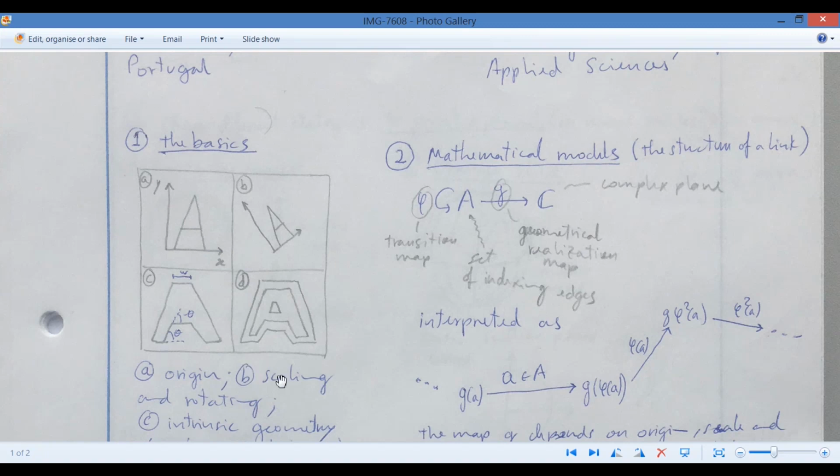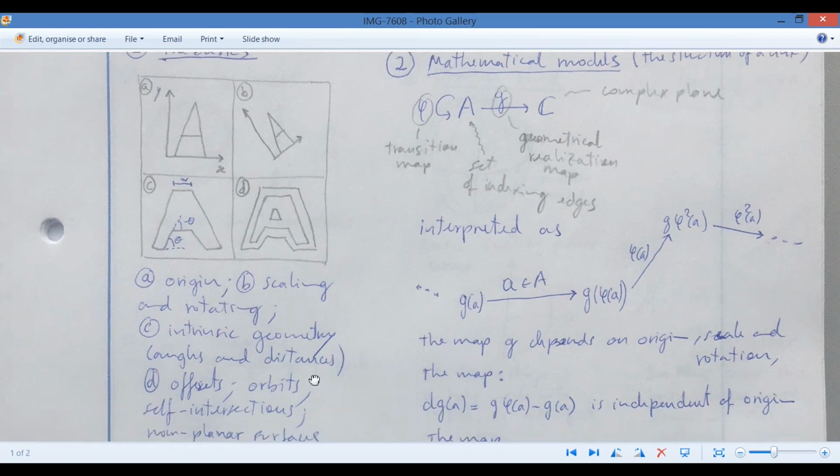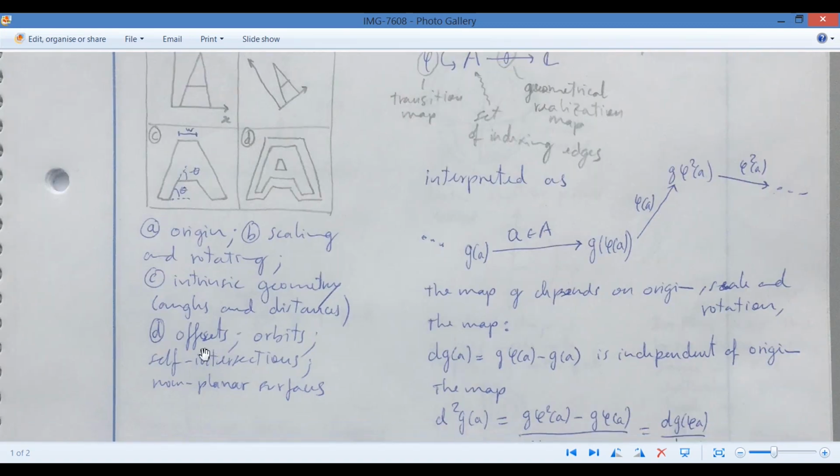Intrinsic geometry is about angles and distances, and the basic tools of intersections, orbits, offsets, etc., are easier to implement in this type of language. It even goes, as I'll briefly mention afterwards, to non-planar surfaces, but basically we'll talk about planar geometry here.